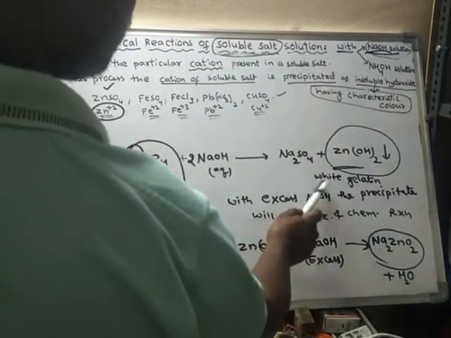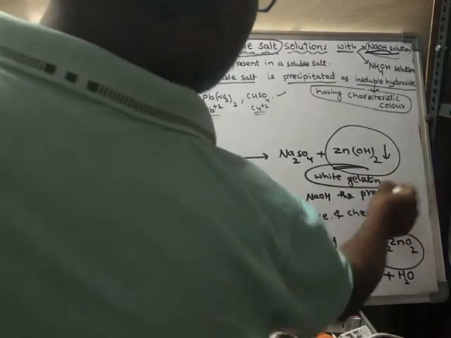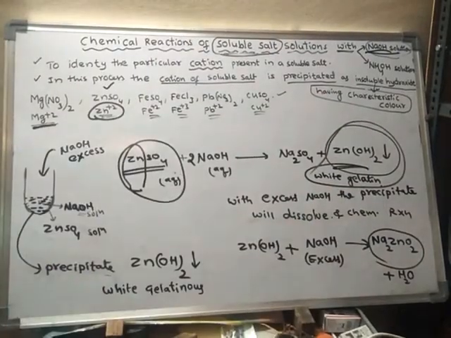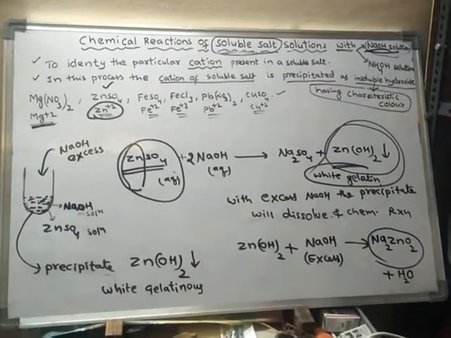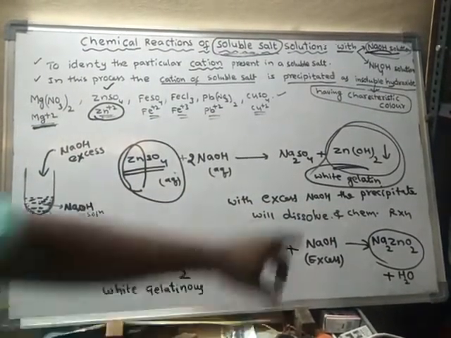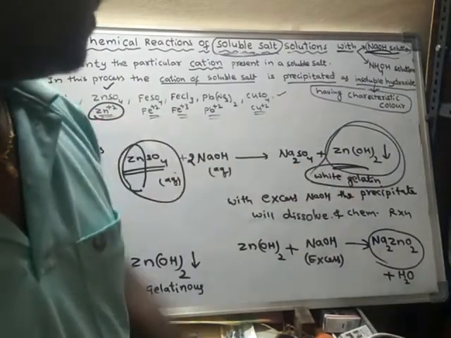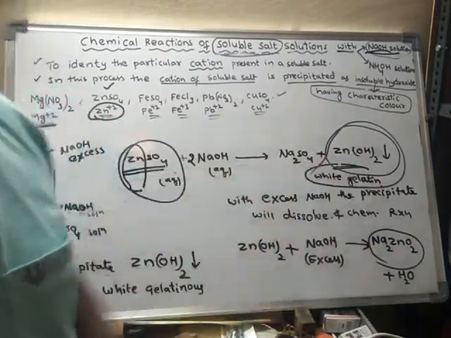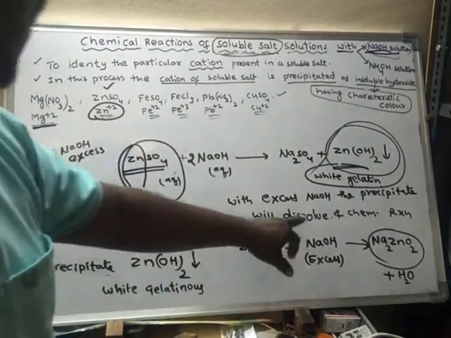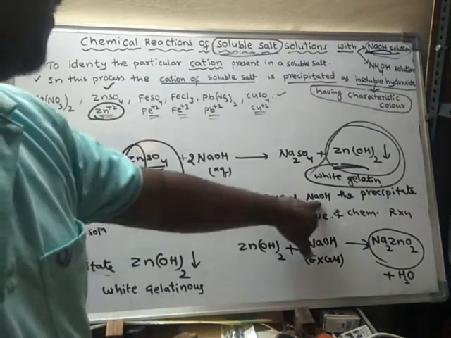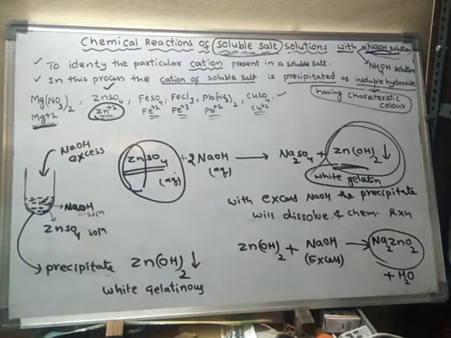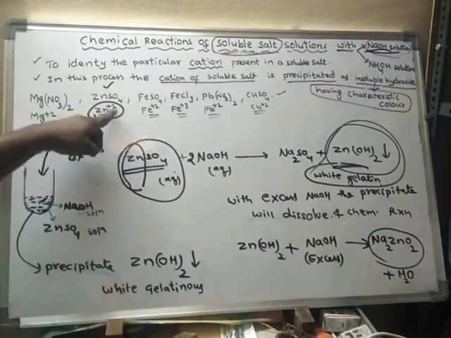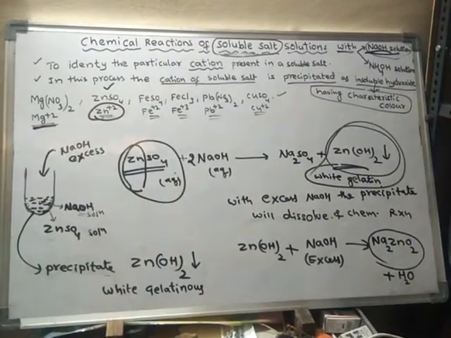Based on the color of the hydroxide formed and whether it is soluble or insoluble in excess NaOH. Based on these two things, we can identify the given cation present in that soluble salt.